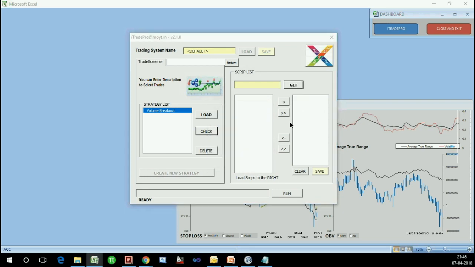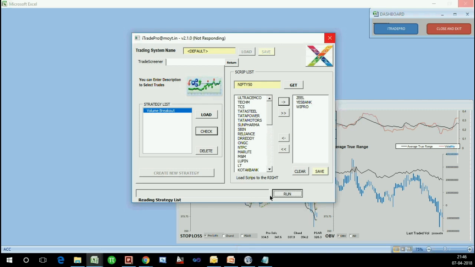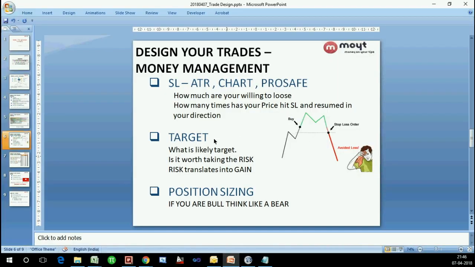I'm looking for breakouts. I'll select the script list, maybe 3 stocks, and see if there was a volume breakout in these or not. Right. So something has happened, not a good sign. While it is running in the background, let's just move on.